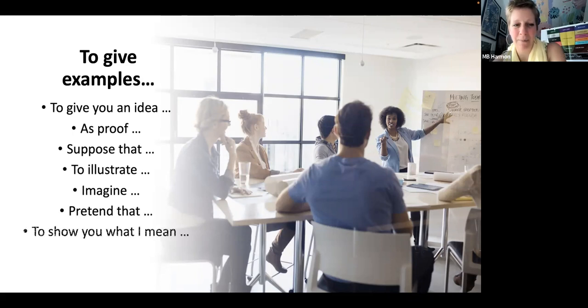Just another way to say, for example, you can say something like, to give you an idea, or as proof, or suppose that, to illustrate, imagine, whatever it is. Okay? So you can change your language a little bit to have some variety and to show the audience different ways that you're going to present these different examples. Okay?